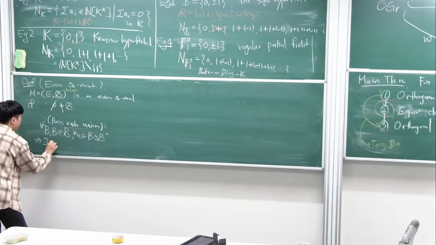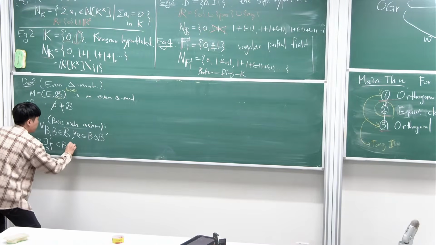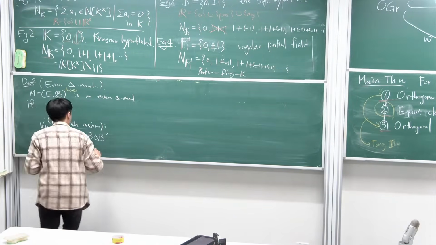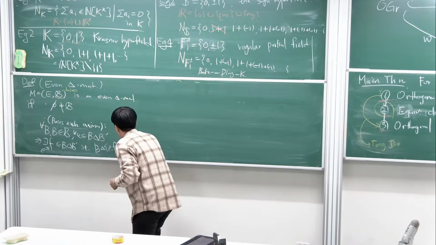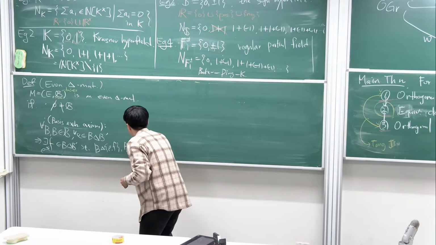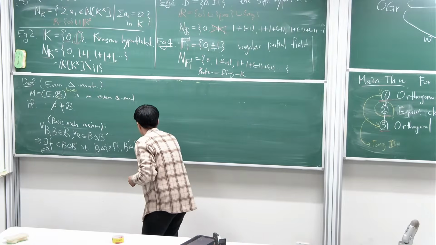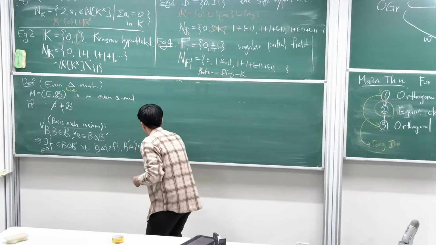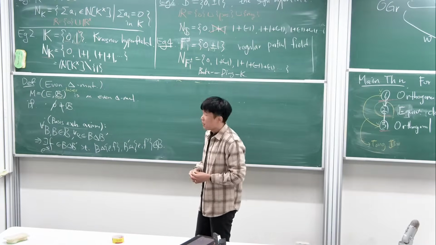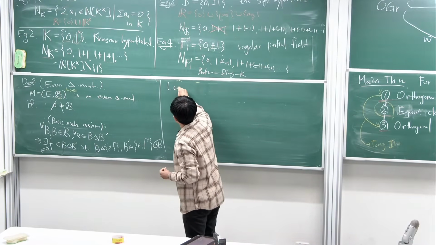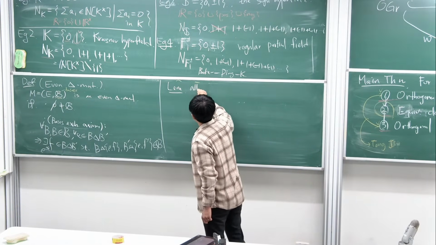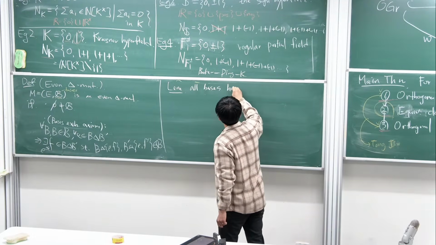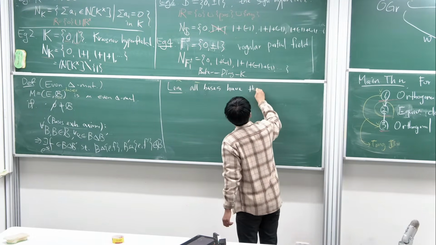Then you can always find another element F in the symmetric difference such that by exchanging those two elements, we obtain another basis. And one easy lemma is that if you have an even delta matroid, then all bases have the same parity.